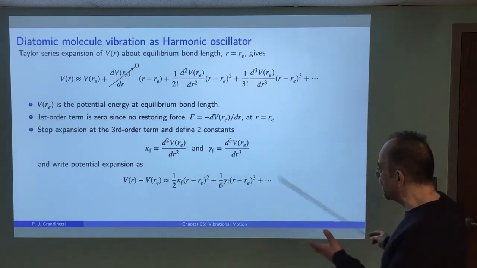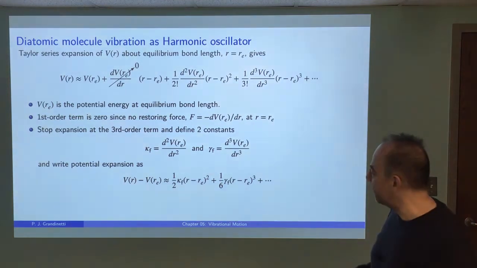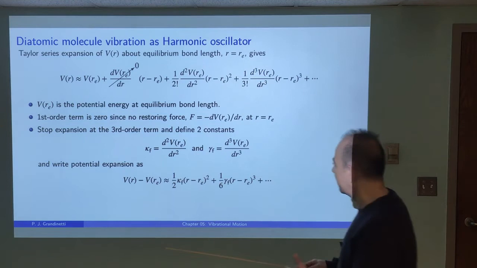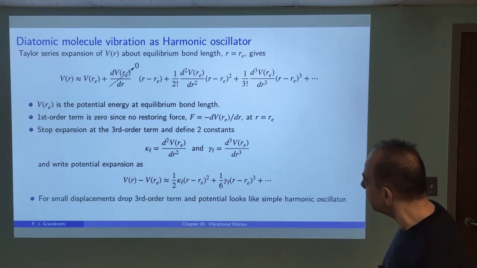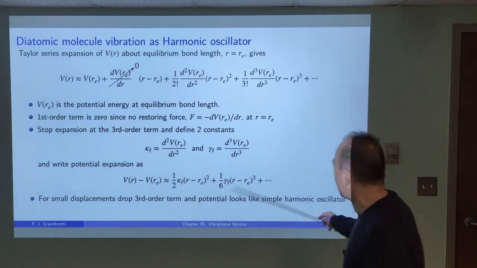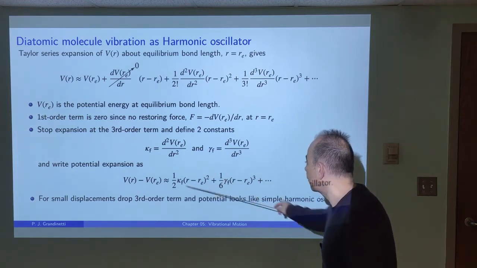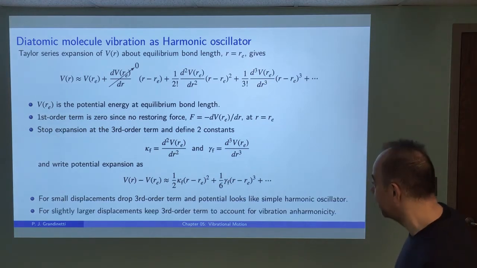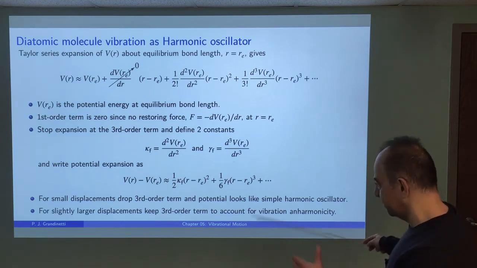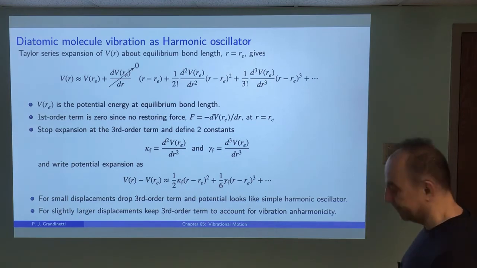There'll be higher order terms, but the idea when you do a Taylor series expansion is that you should be good if you're looking at just the first couple of terms, as long as, in this case, you don't have very large vibrations. So in this case, we're going to continue to be approximate and even ignore the third order term, and you can see that when you ignore the third order term, you have something that looks like a simple harmonic oscillator. But if we go to larger displacements, then we're going to have to include this anharmonicity term here.